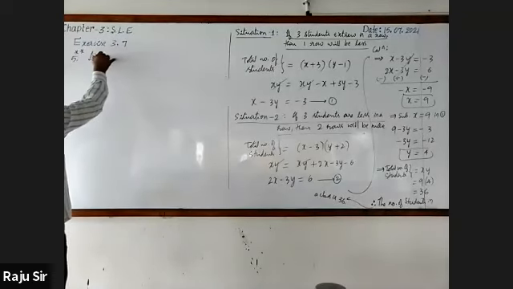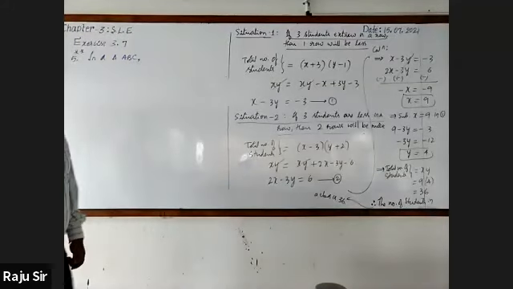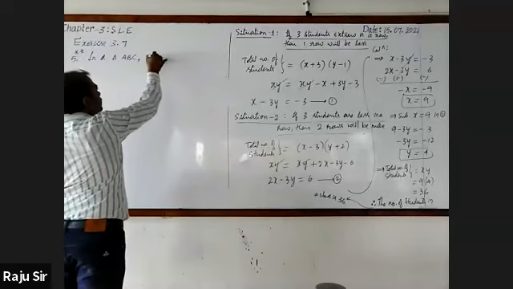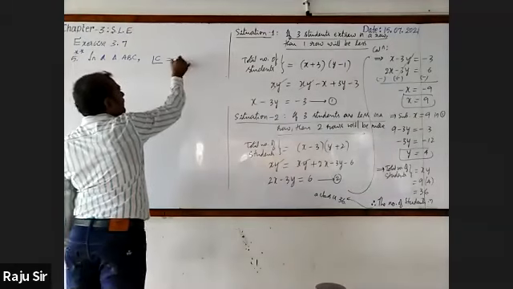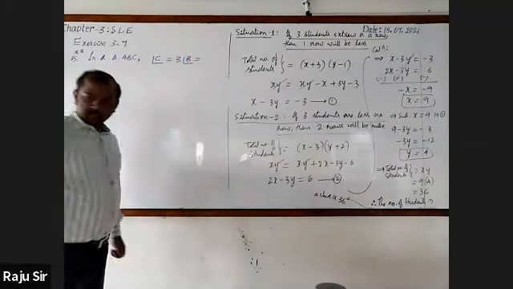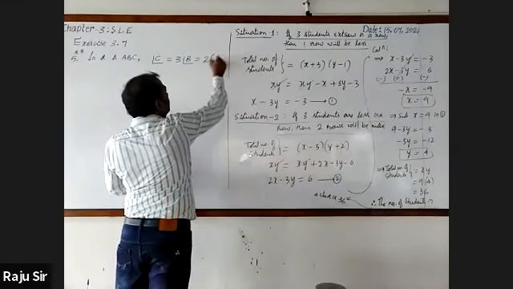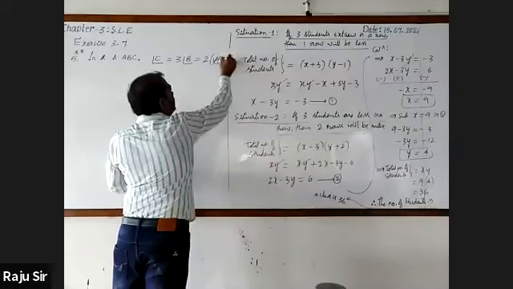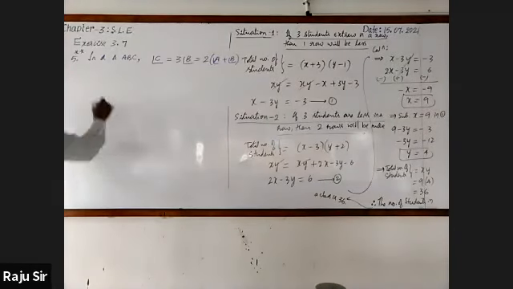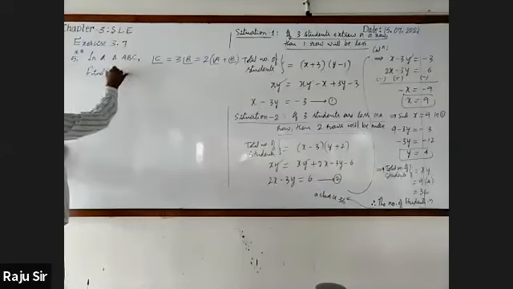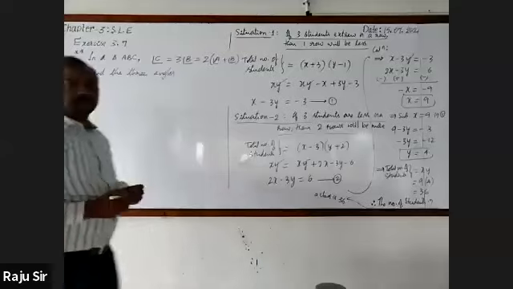In a triangle ABC, angle C equal to 3 times angle B, which is equal to 2 times angle A plus angle B. Find the three angles.